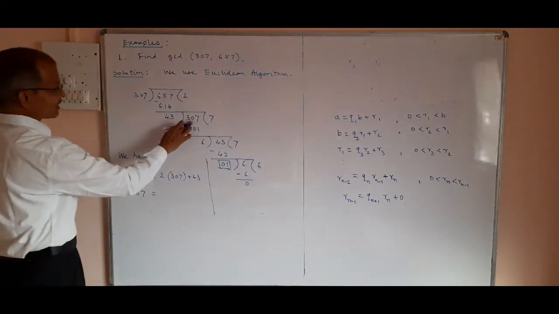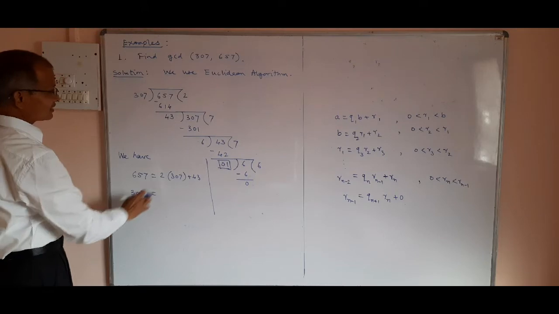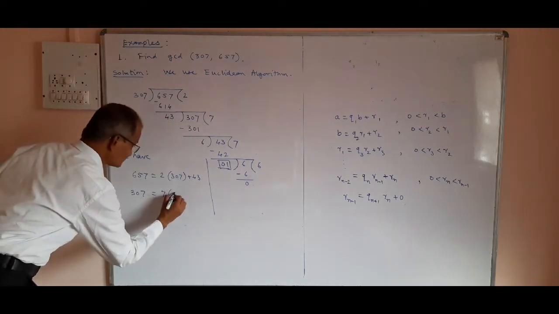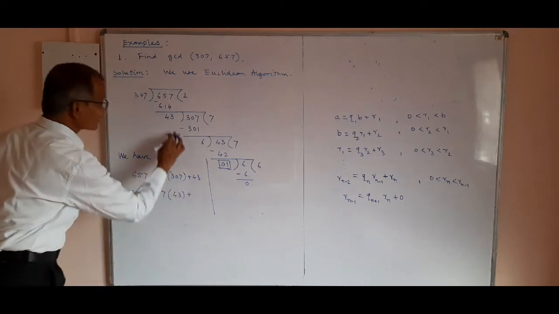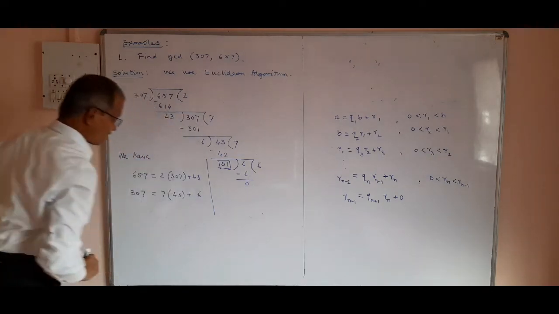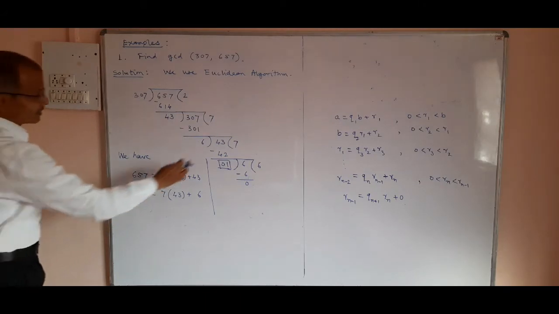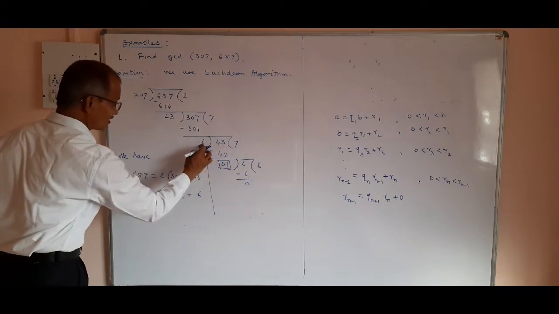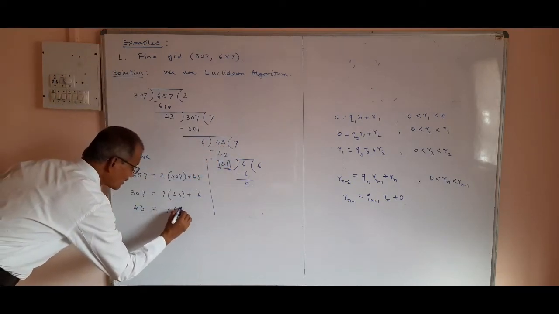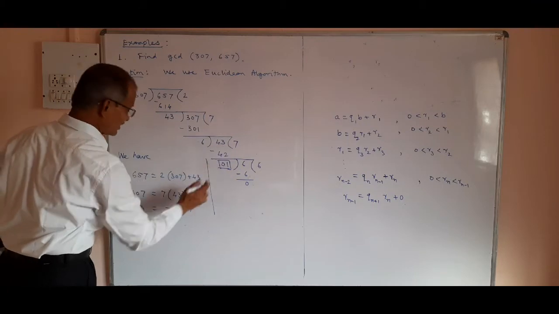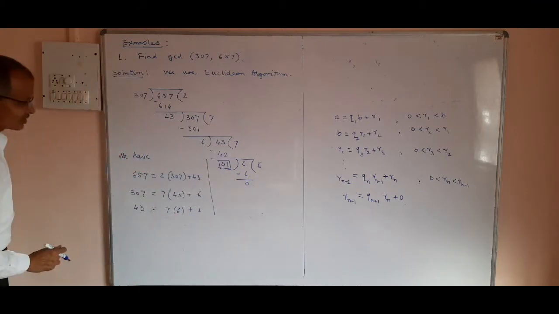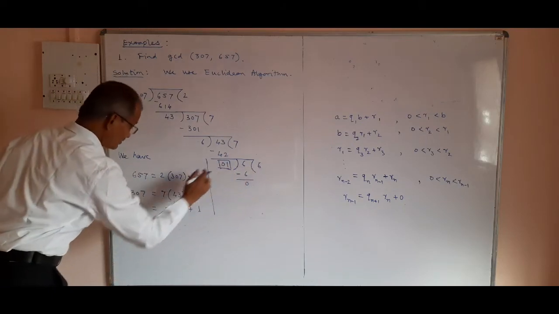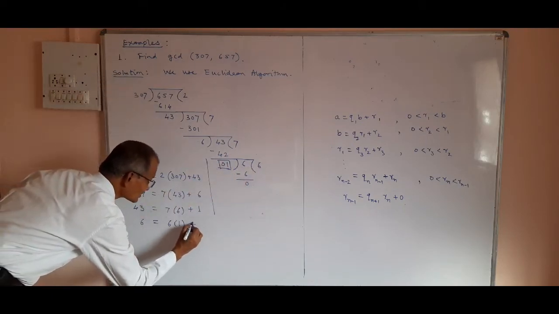Now next is this 307, that is B. 307 is equal to 7 times 43 plus 6. And next, from the next division, 43 is equal to 7 times 6 plus what is remaining, 1. And the last is 6 is equal to 6 times 1 plus 0.